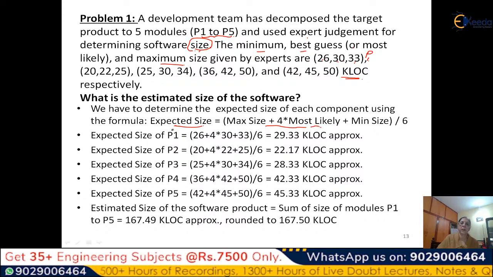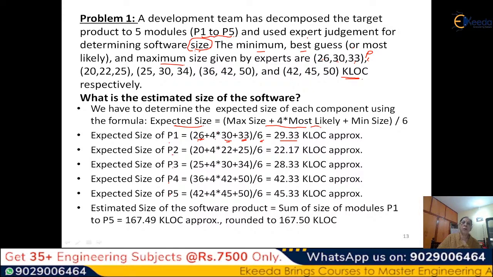We normalize it by 6. Take the first one: 26 is the minimum size, this is the maximum size, and this is the most likely, which we weight by 4. We add these and divide by 6. So you get 29.33 KLOC. Similarly, we do P2, P3, P4, P5.